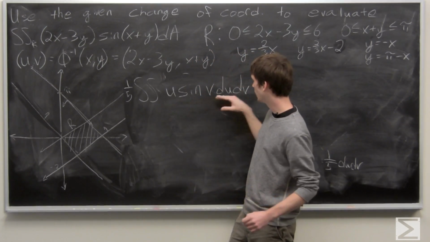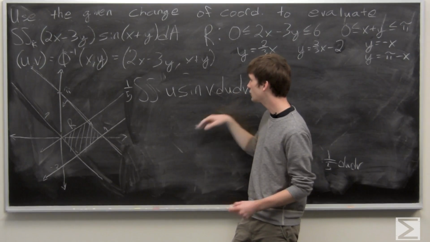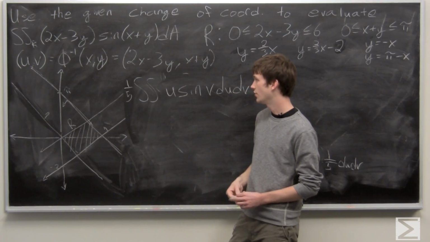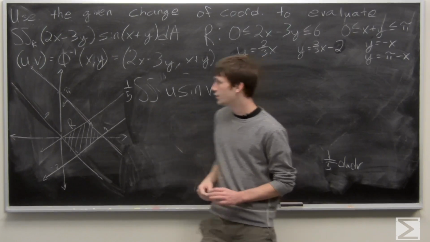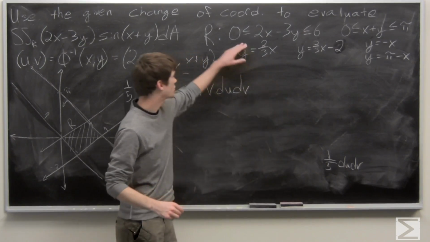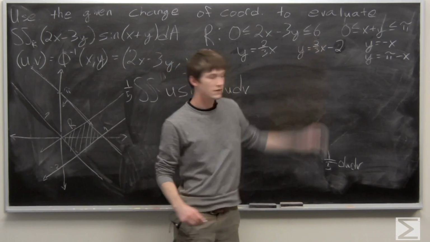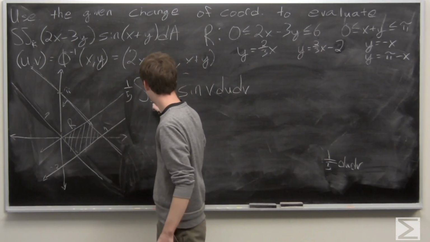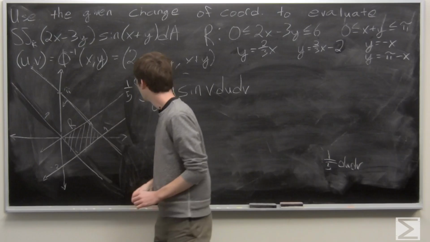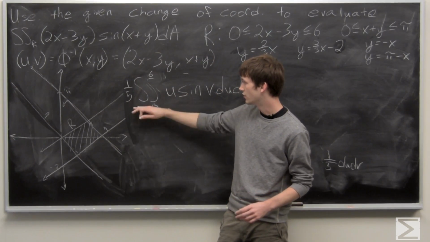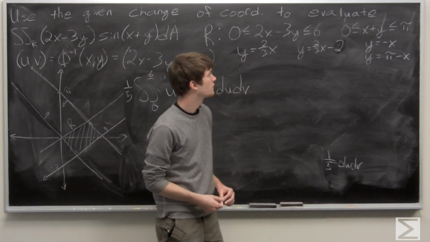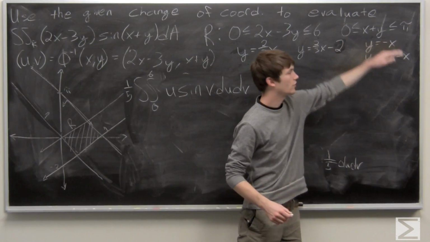Okay, and we wrote it in terms of du dv, so that means our interior integral needs to range from our u limits of integration, which are from 0 to 6. And then our outside integral is going to be our limits of integration for v, which is from 0 to pi.